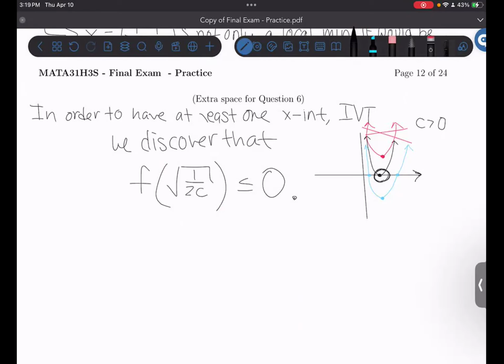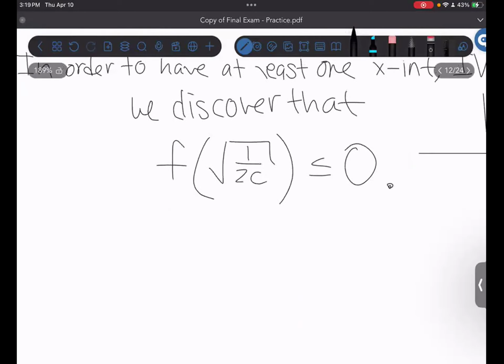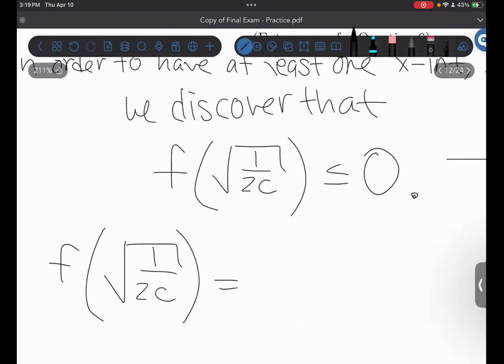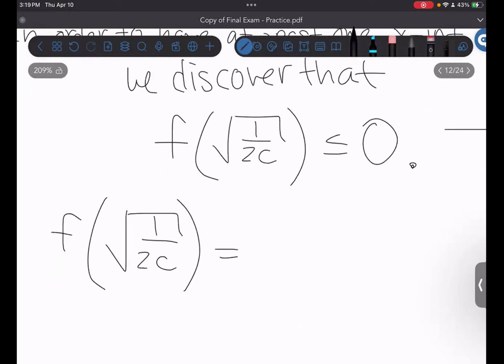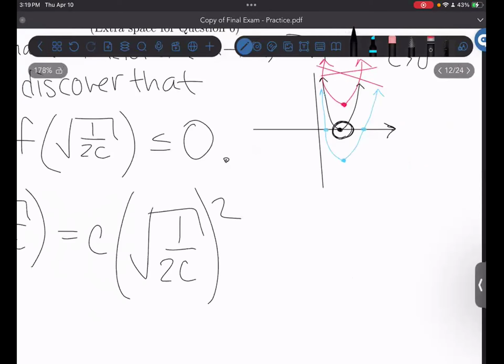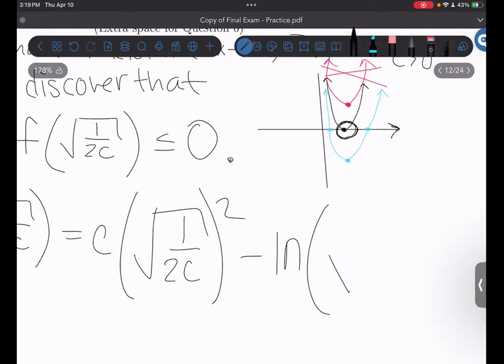That way we can figure out all the possible values of c. So f at my critical point equals c times the square root of 1 over 2c, squared, minus ln of the square root of 1 over 2c.